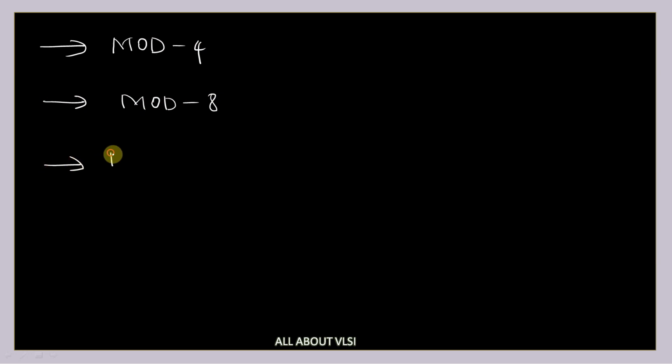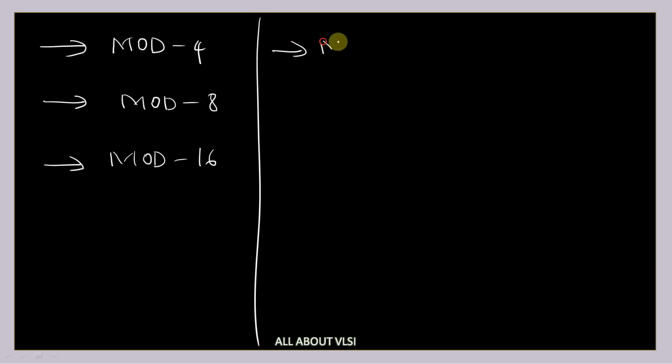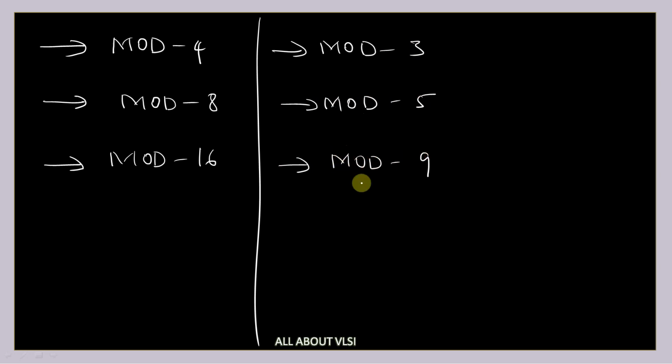Now let us start writing our counter code. First, let us write the mod 4 counter, mod 8 counter, and mod 16 counter. Next, we will write the codes for the mod 3 counter, mod 5 counter, and let's write the code for the mod 9 counter.